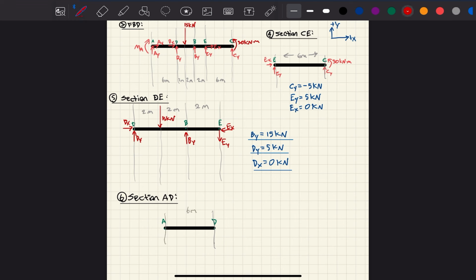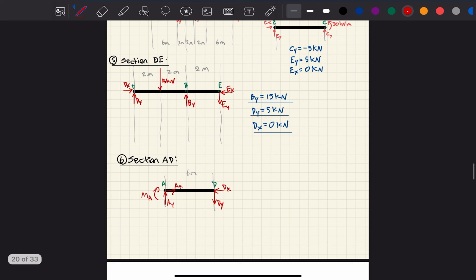You have your forces, again, same concept as last time. It's going to be opposite, so dy, dx, and then we said we have ay, ax, and then a moment about A.